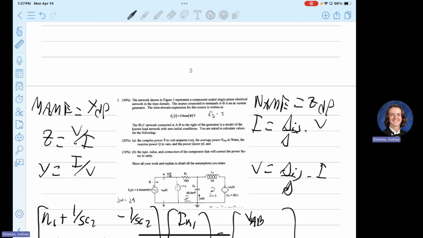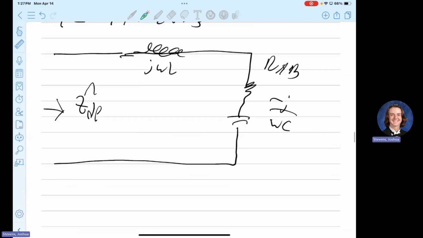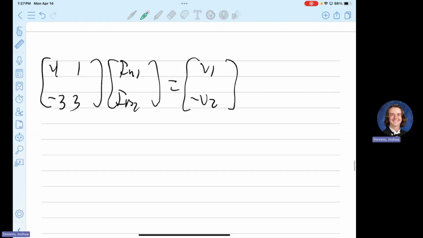It's up top. Would that give us impedance or admittance? I agree. So this would just give us admittance. I'm just going to say that. We are finding our open circuit matrix.